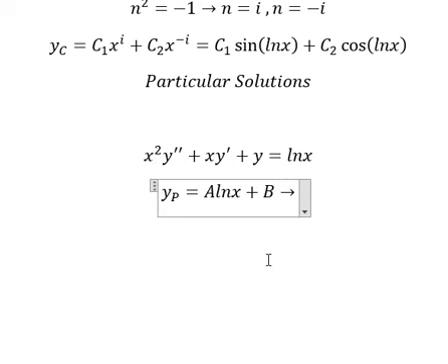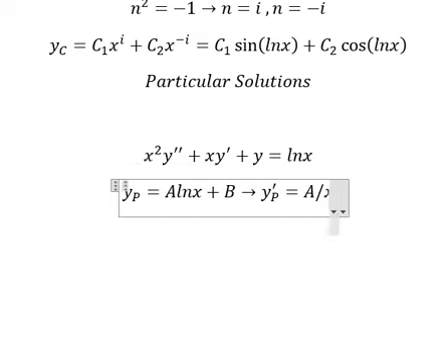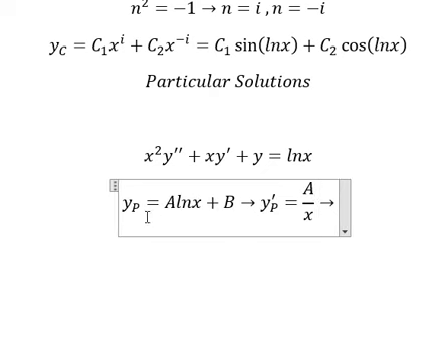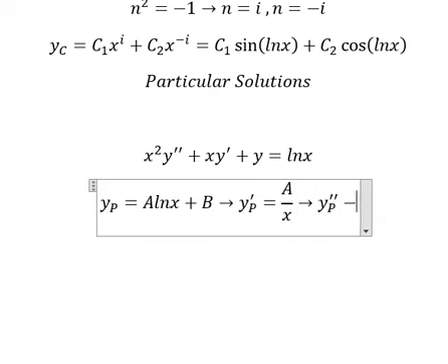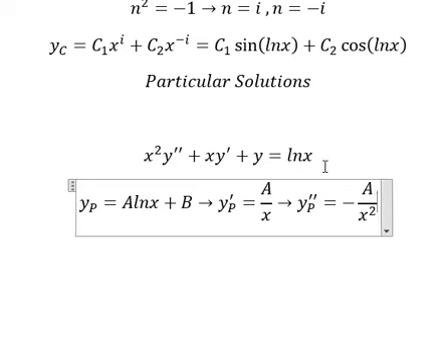Now if we do the first derivative of yb, we have A over s, because the derivative of ln s is 1 over s. This one is the constant, so you got 0. And now we go to the second derivative of yb, and that is negative A over s squared.